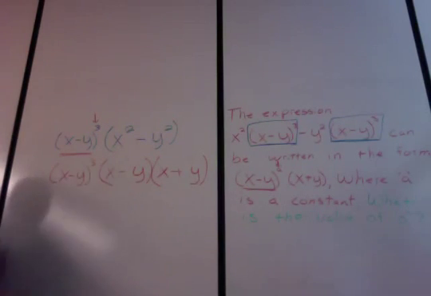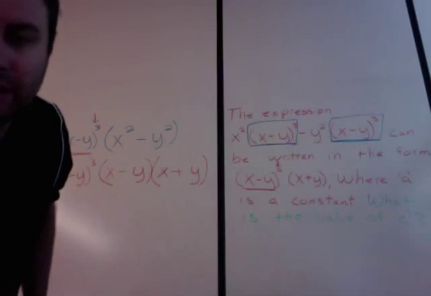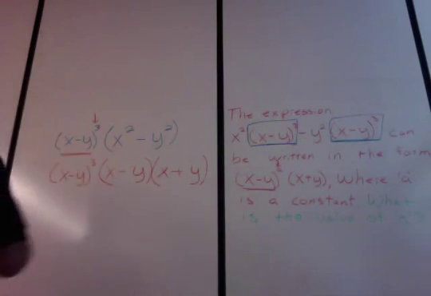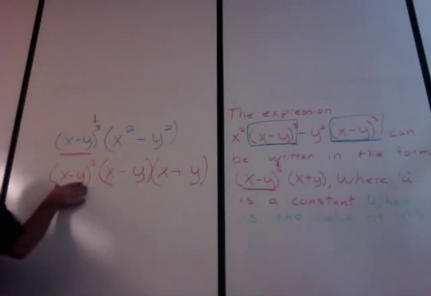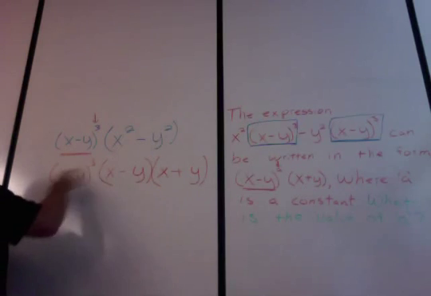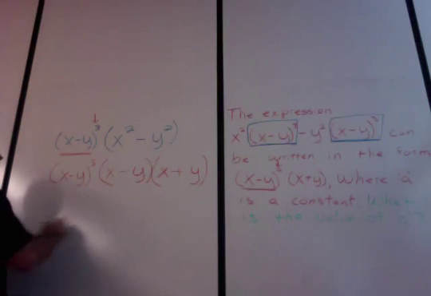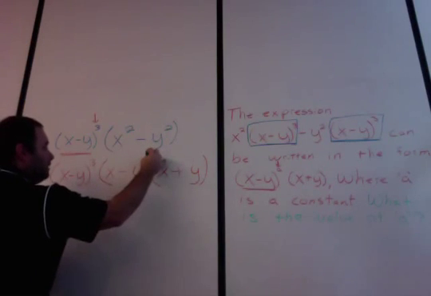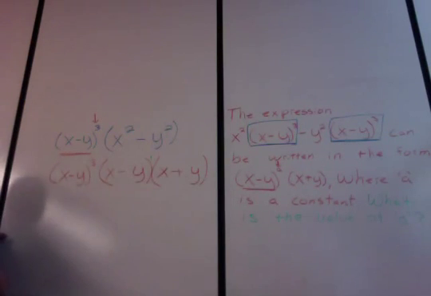this is what I have. Now I'm going to use a different color. If you see right here, I have x minus y raised to the third power times another x minus y. Now that's only being raised to the first power there.